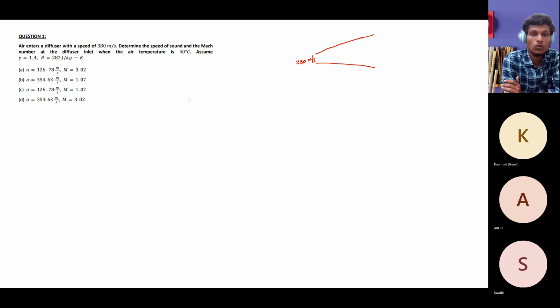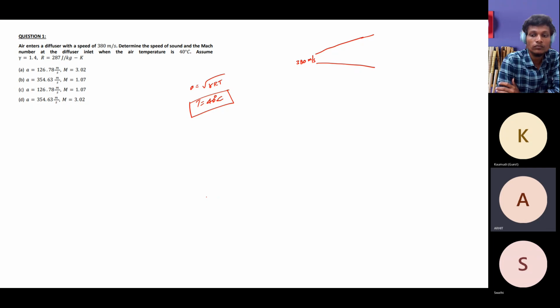Harshit just told that we can use the square root of gamma RT. So we have T equal to 40 degrees Celsius. But can we substitute T in degrees Celsius itself? No, sir, Kelvin, because R is given in Kelvin.